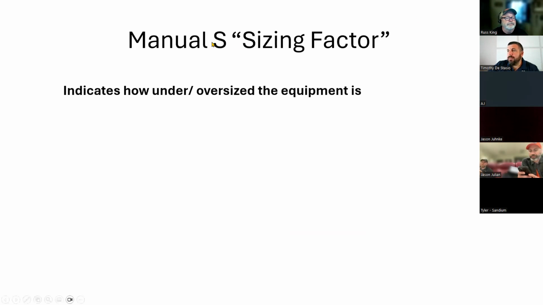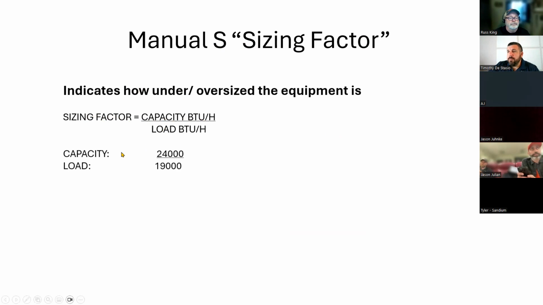So Manual S uses something called a sizing factor, and it indicates how under or oversized the equipment is. All we do is take our capacity and divide it by load. For example, if our capacity is 24,000 and our load is only 19,000, we are at a 1.26 sizing factor, or 126% oversized. Well, is that too much oversized? Manual S gives us some guidelines for that.